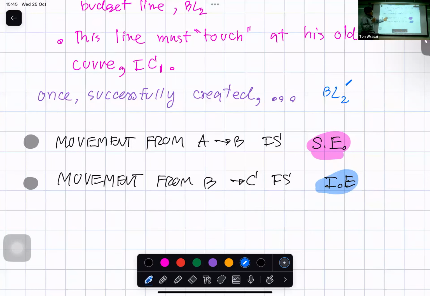Movement from A to B is substitution effect. Movement from B to C is income effect. Let's go to the picture.